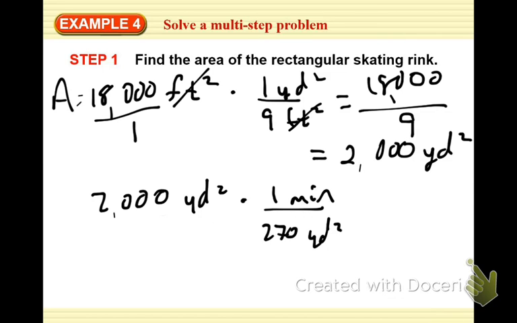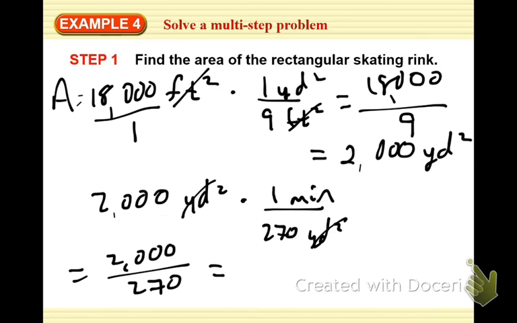That's your conversion factor. Square yards divide out, and that's why I was dividing. Now, a lot of you can probably just reason your way through that, and that's fine. Just make sure you show the work to divide that out. And so that's where we get to the 7.4 minutes.